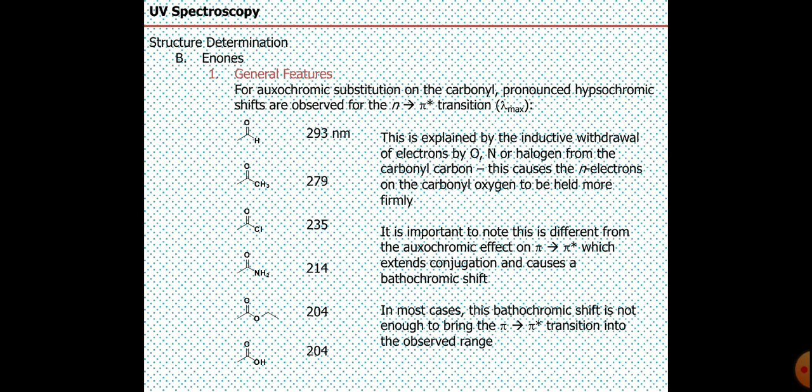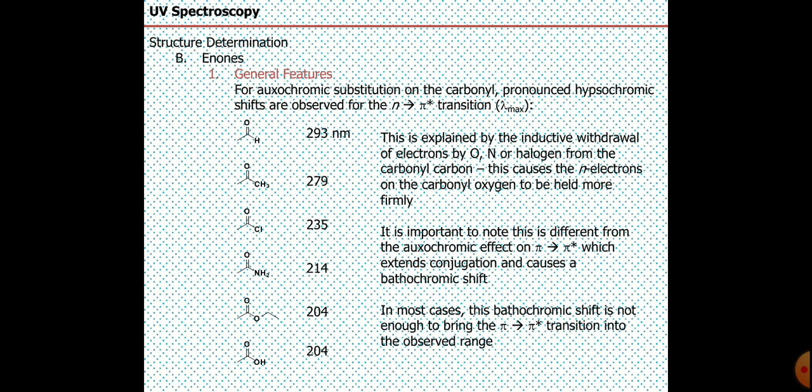In general, for substituted enones, the carbonyl absorption is given in this slide. As you can observe, for the n to pi star transition, the lambda max value is given. For aldehyde, the base value is 293 nanometer. For keto, 279 nanometer. For acetyl chloride, the base value is 235 nanometer.